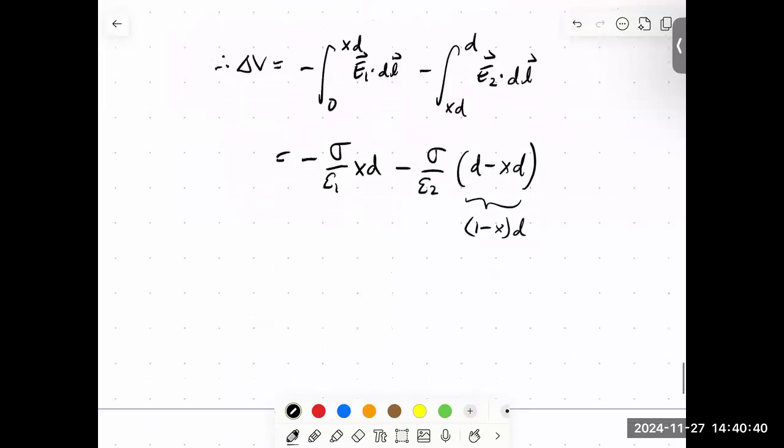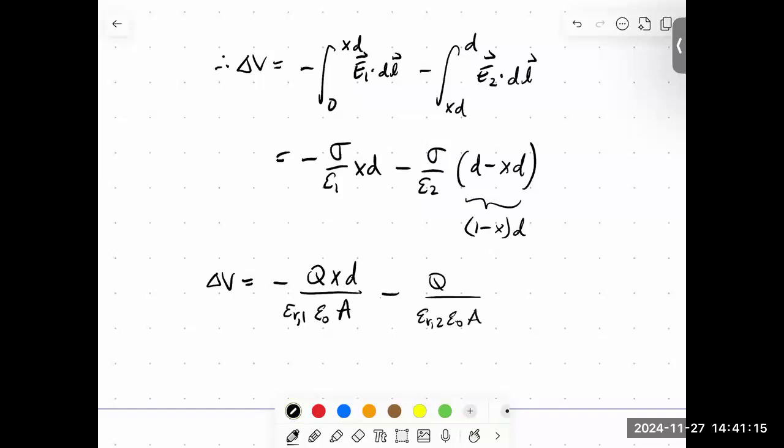All right, so delta V is equal to minus, sigma is charge per unit area, so it's q xd over epsilon 1 times A. In fact, let me write epsilon 1 as the dielectric constant times the permittivity of free space. And then we have minus q over the dielectric constant, times permittivity of free space, A, times 1 minus x times d.